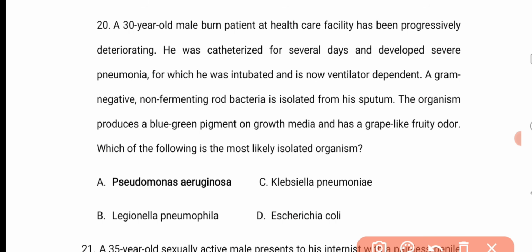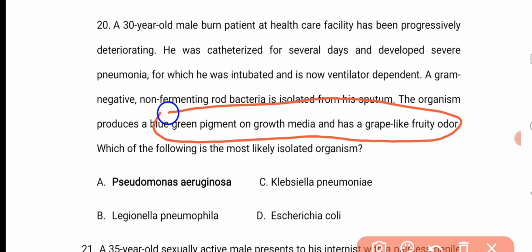As we see from this, it is gram-negative, non-fermenting, and it has what? Blue-green pigment and what? Grape-like fruity odor. You have to identify this bacteria. It's very clear that these culture characteristics are the characteristics of Pseudomonas aeruginosa.